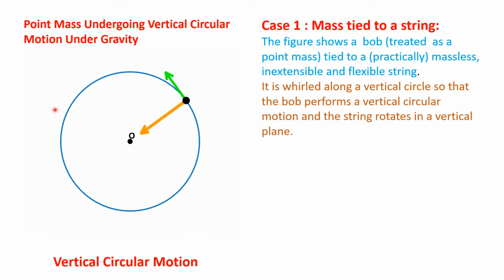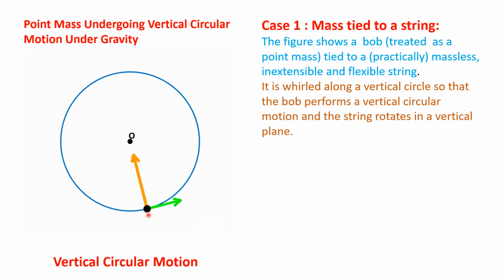So consider the first case of the vertical circular motion which is controlled only by gravity. That is, a mass is tied to a string. This figure shows a bob tied to a massless, inextensible and flexible string.